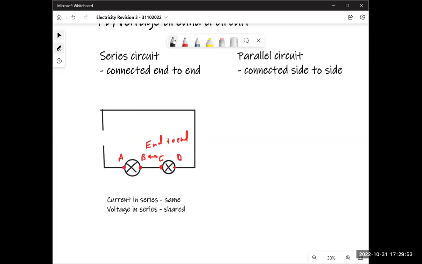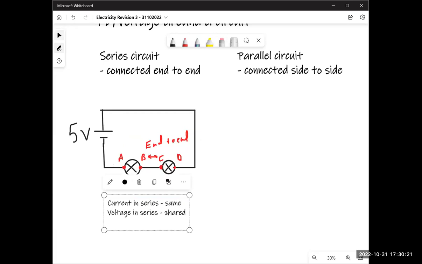What does that mean? Well, if I have a battery right here, the battery is 5 volts. And if this one is 3 volts, how much will this one be? 3 volts? No, it will not be same, because now we're looking at voltage. Voltage is shared.